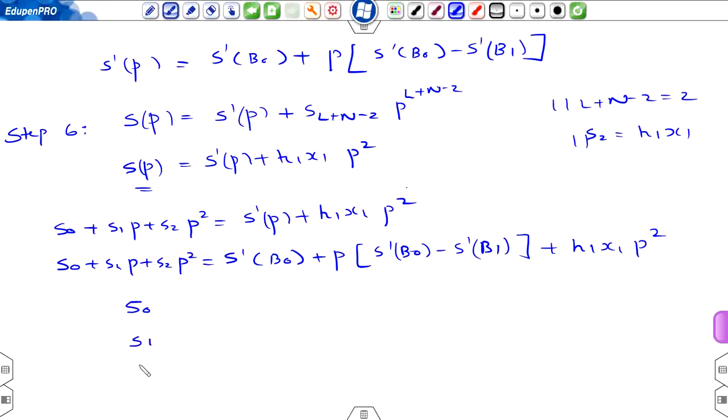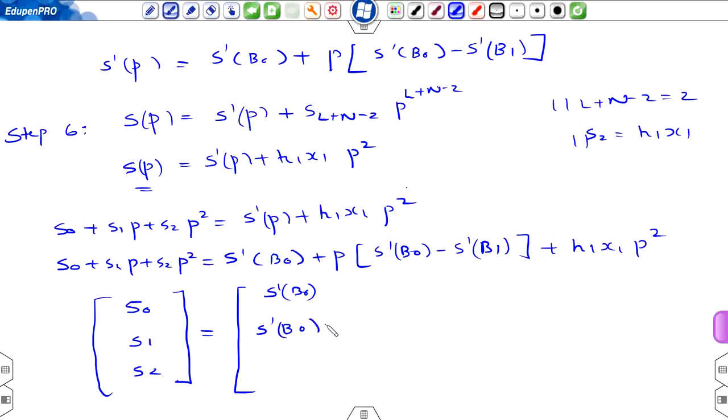On the left hand side we have a column matrix whose elements are S0, S1 and S2, and on the right hand side we have S0 equal to S prime beta 0, S1 equal to S prime beta 0 minus S prime beta 1, and S2 equal to H1 x1.